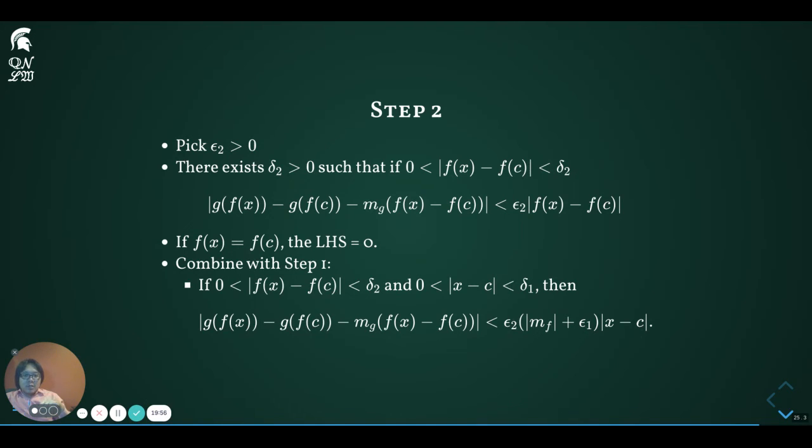This little observation is how we solve the division by zero problem that we encountered in the naive argument. So, as we promised at the beginning of this slide, we've converted the differentiability statement, which provides a control in terms of f of x minus f of c, into a new statement that provides a control in terms of x minus c.